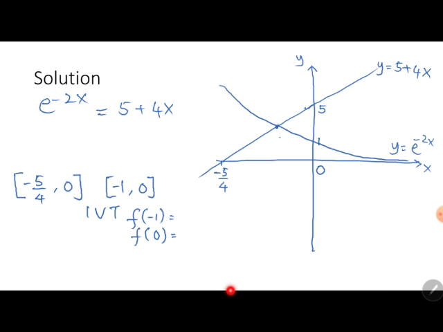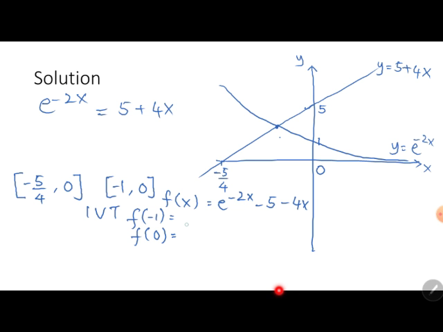So with the IVT, we take our function, substitute negative 1 in it, and take the same function and substitute 0 in it. What is fx? Fx is e to the negative 2x, minus 5, and minus 4x. So you substitute negative 1 inside it.